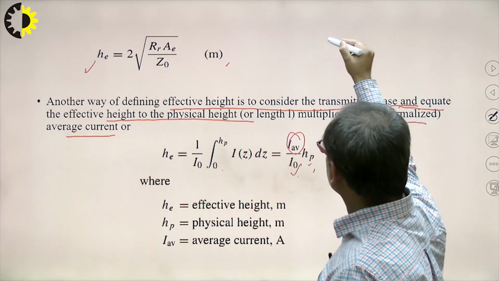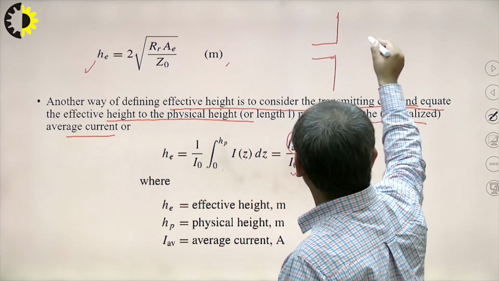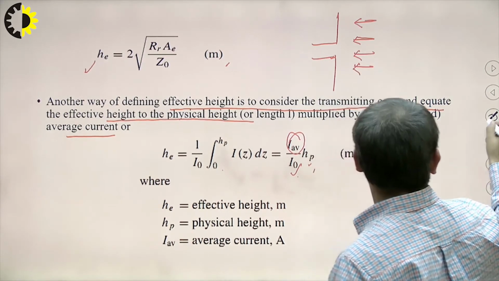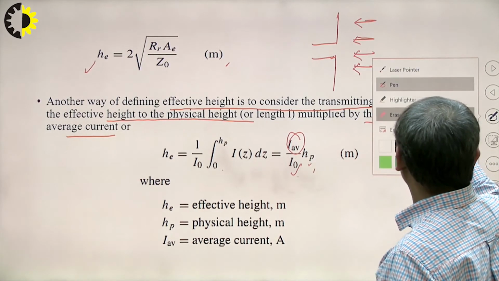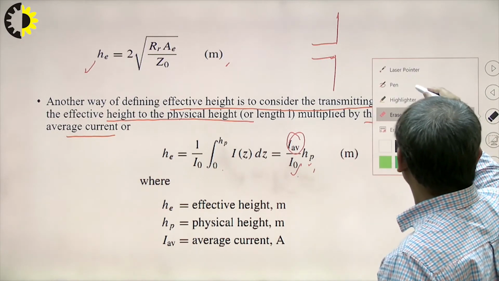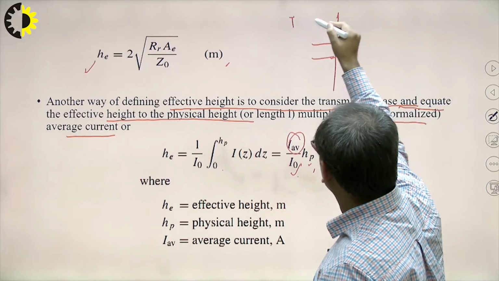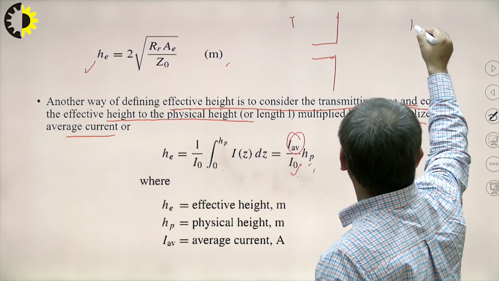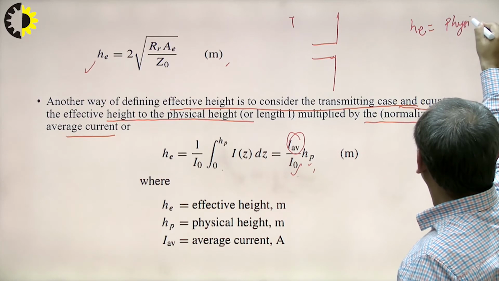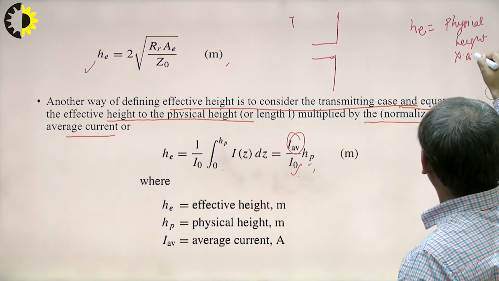You will see here, when I say this is a dipole, waves are incident on this, or if I say this is a transmitting antenna, the effective height of this antenna will be the physical height multiplied by its average current.